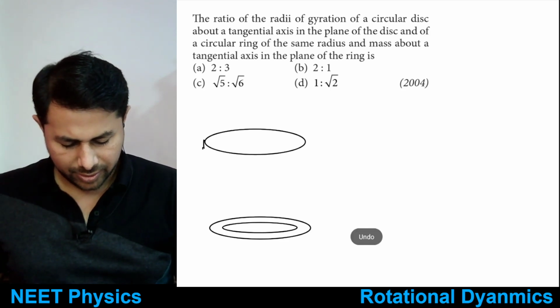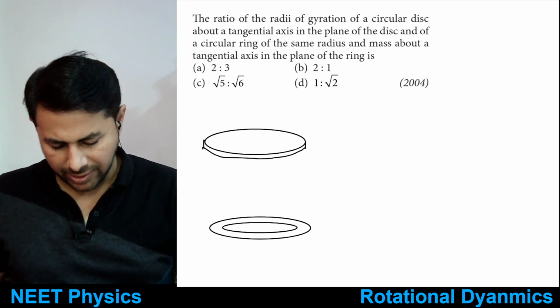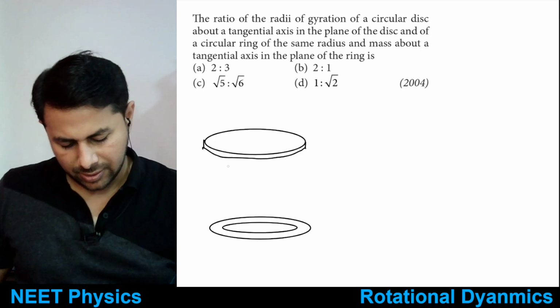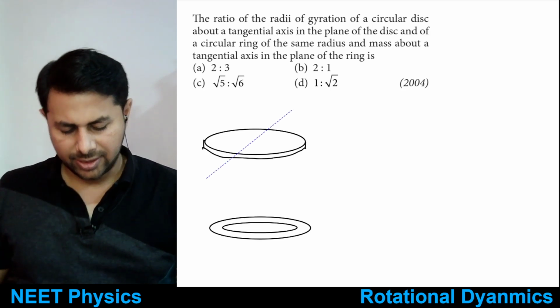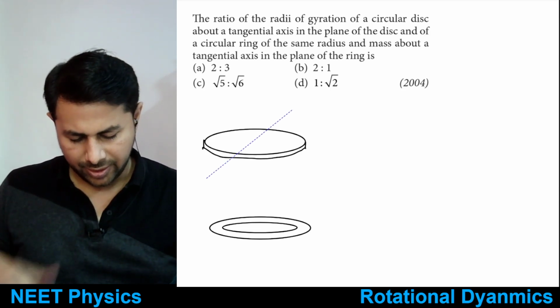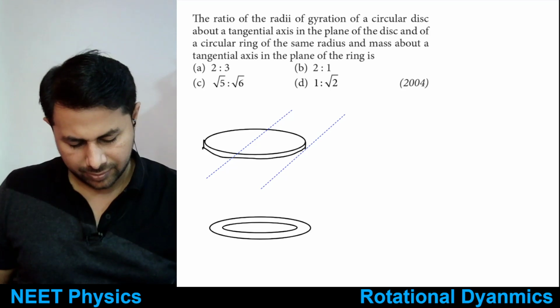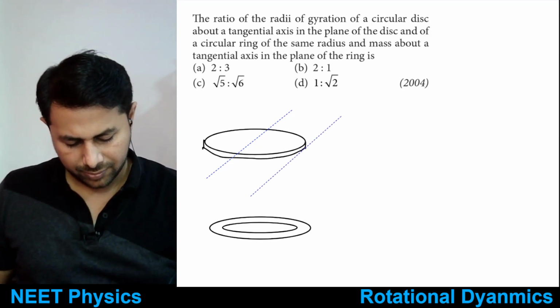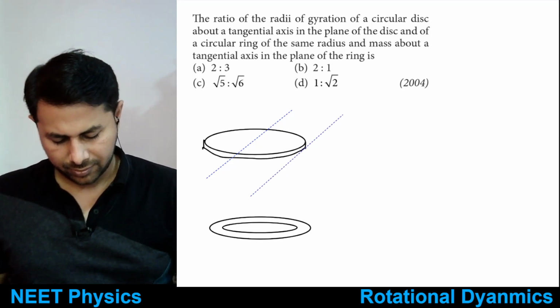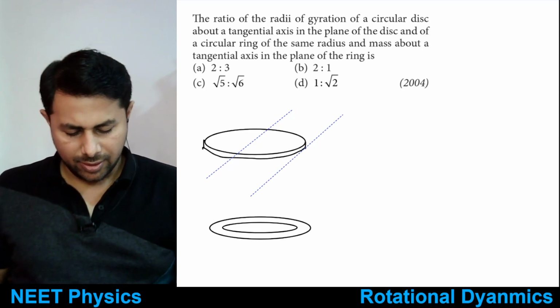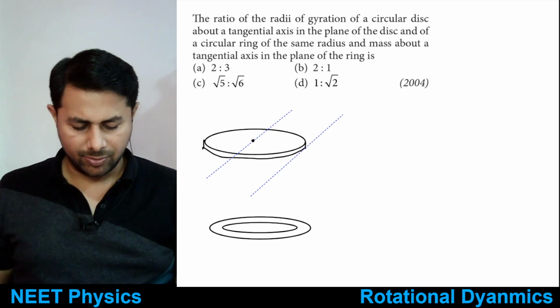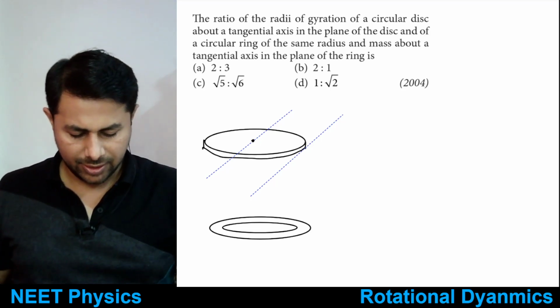So you want radius of gyration about tangential axis. So this is an axis passing through the center in plane of the disc.